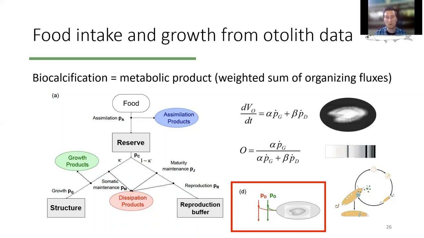But when no growth occurs, then we only have the dissipation contributing to its formation. And that's when you see darker marks where light can just go through. And so that's how we look at these otoliths in the organism.